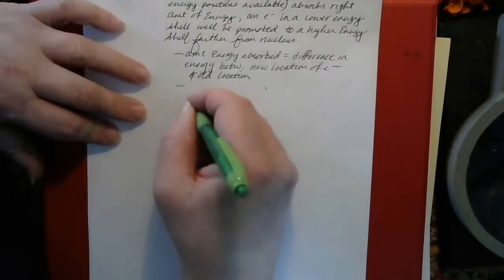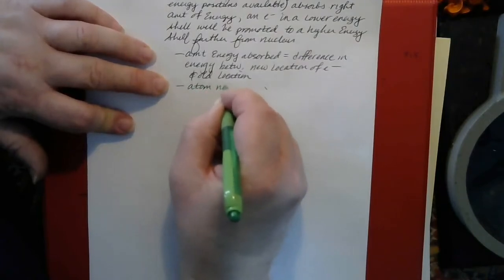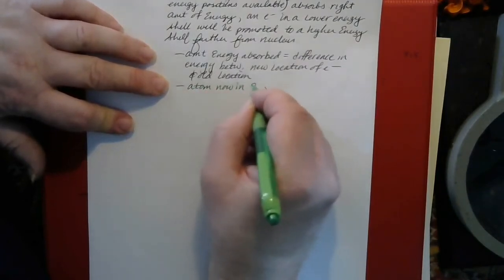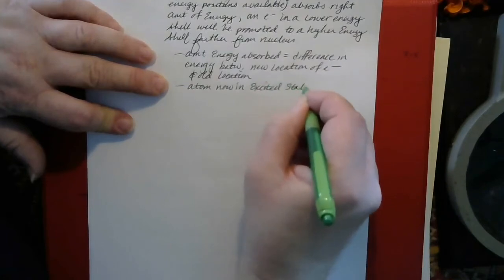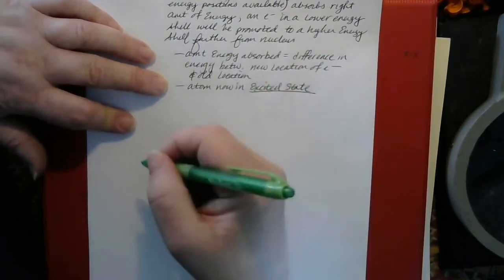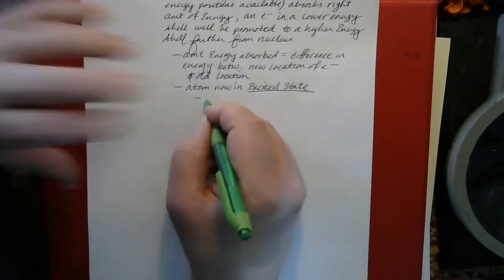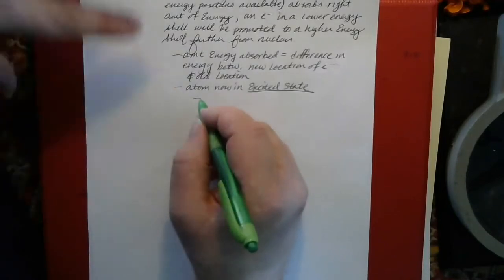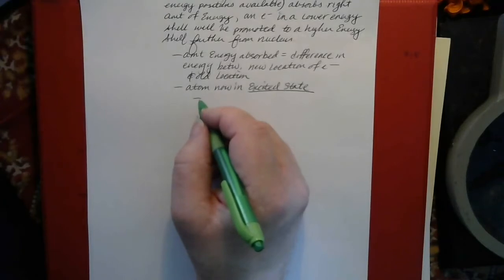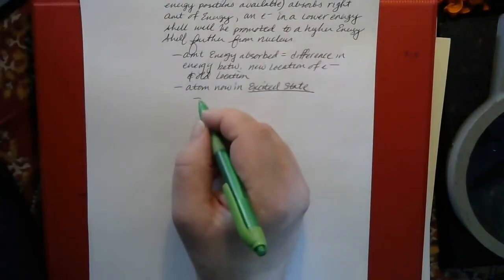The atom is now in what's known as an excited state. An excited state is a situation in which there is a vacancy in a lower energy level, and there's an electron in a higher energy level where it wouldn't normally be.